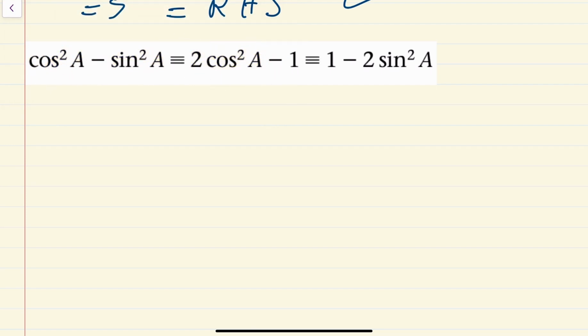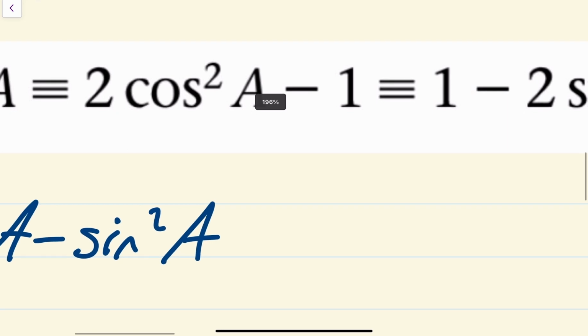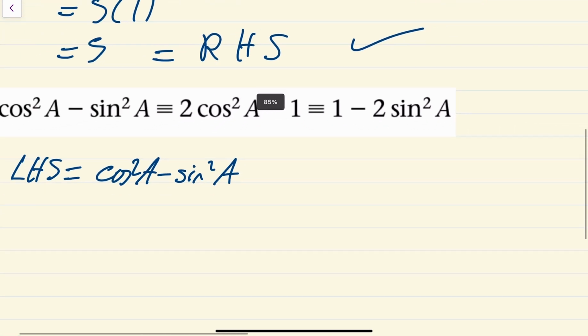So I'm going to say my LHS is equal to, so that was my cos squared a minus sine squared a. And look at where I'm trying to get to. I'm trying to get to this thing which has got no sine squareds in it. So I'm going to change my sine squared somehow so I get rid of them and they become cos's.